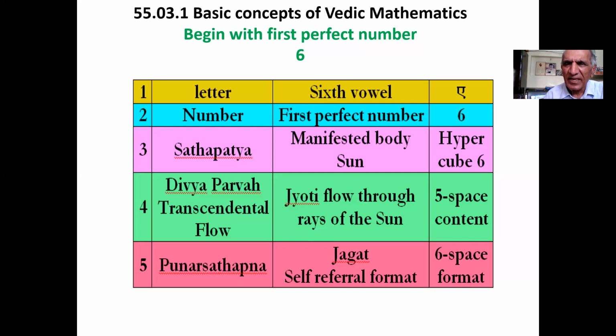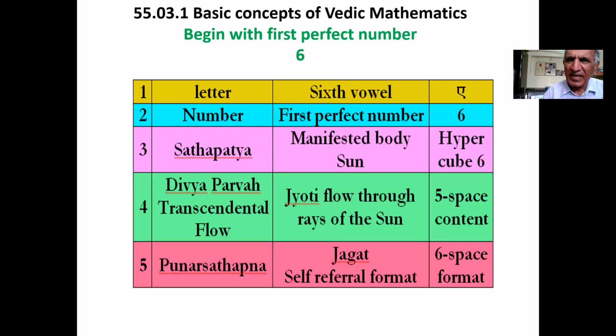Varna Samamanaya to Ank Samamanaya is the attainment, the transcendence from letters alphabet to numbers alphabet is the step. It is the organization step. So when we begin with the first perfect number 6, we in fact reach the second fold, the Anka Samamanaya.